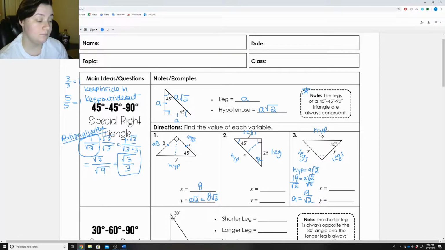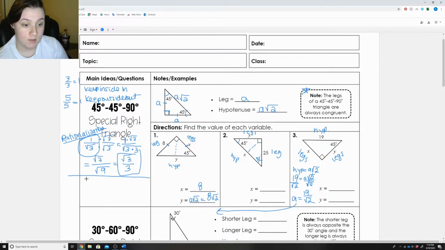So that's the length of the legs, but again, we don't want that square root of 2 on the bottom. So I'm going to move over here and we're going to look at 19 divided by the square root of 2. And we're going to rationalize this number. Because we don't want this square root of 2 on the bottom, we're going to multiply the top and the bottom by it.